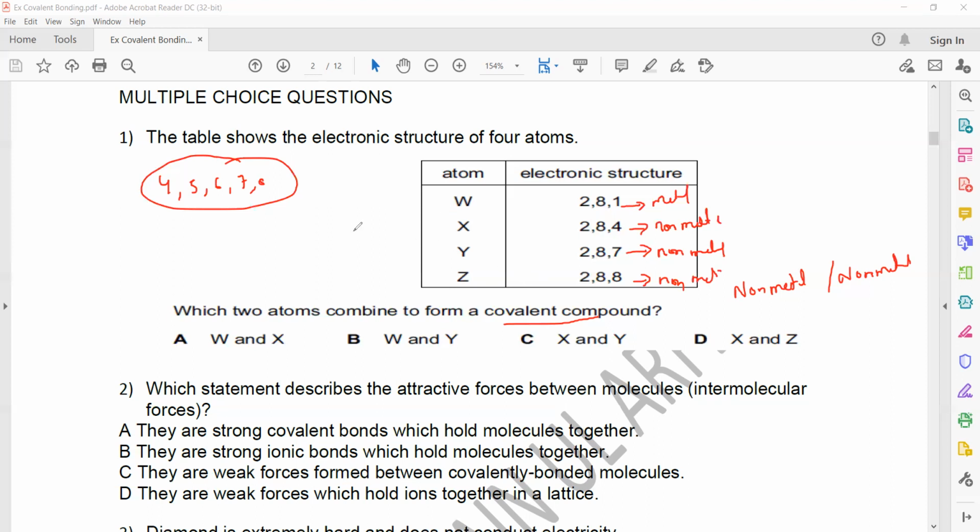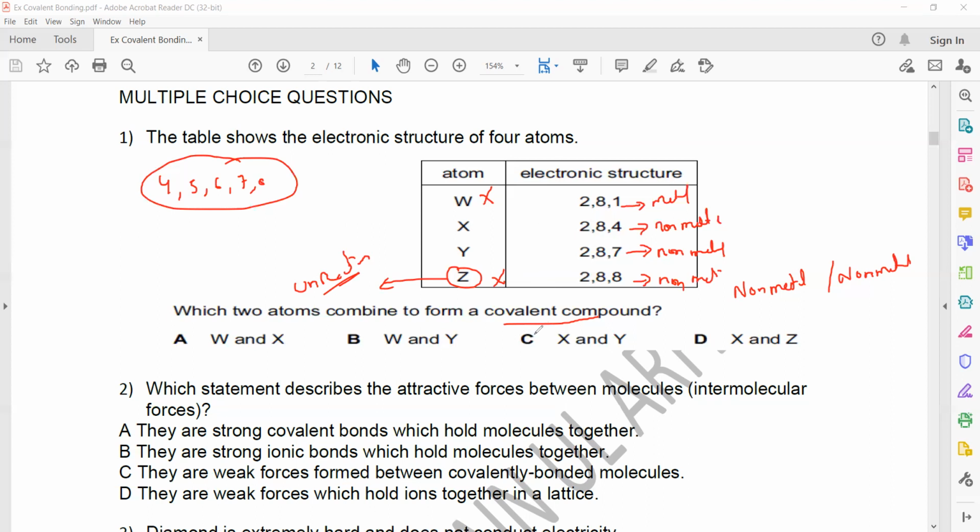But atoms which have 8 electrons in the last shell have a complete shell, so they don't react, or they are unreactive, group 8 elements. So Z will not react at all, and W is a metal. Which two non-metals join together to form a covalent bond?